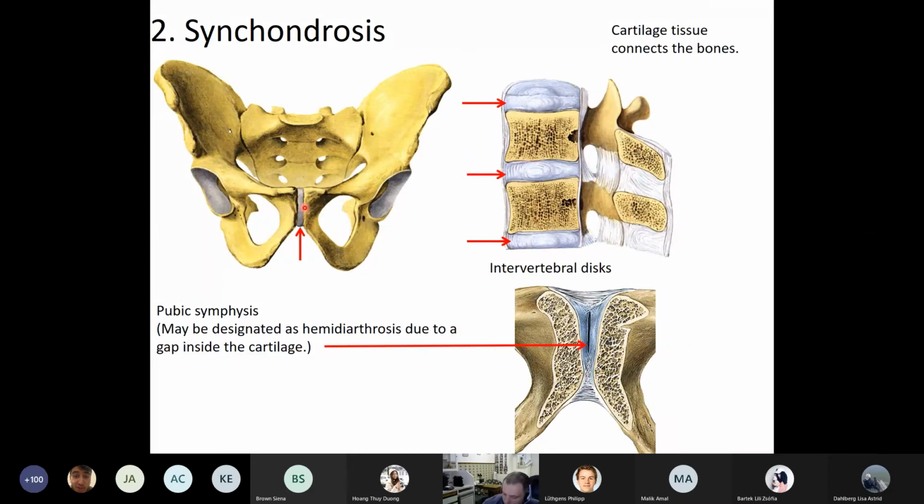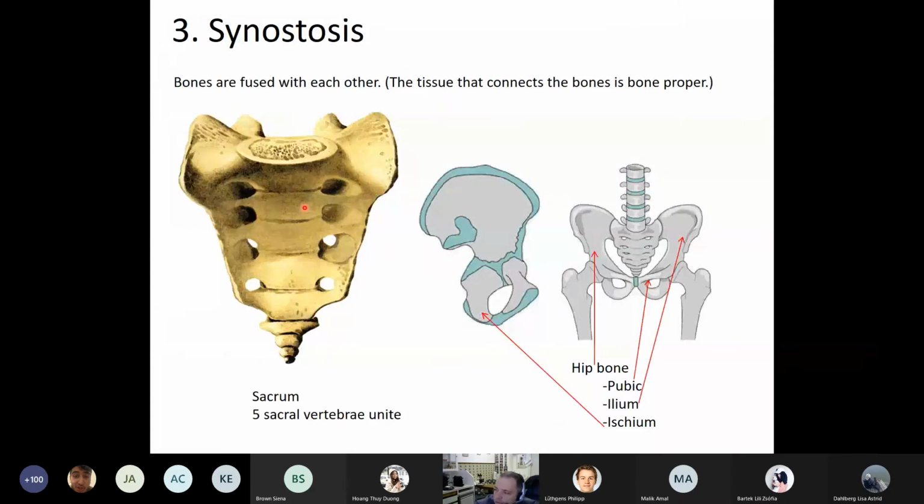And the third option of continuous connections are the synostoses. That means that the bones ossify and they fuse together. The best example is probably the sacrum. This is a bone that is found in the pelvis, and if you look at this, you can see that it is made up by 5 vertebrae, which fuse with each other, and the fusion areas are also visible by these horizontal lines running here.